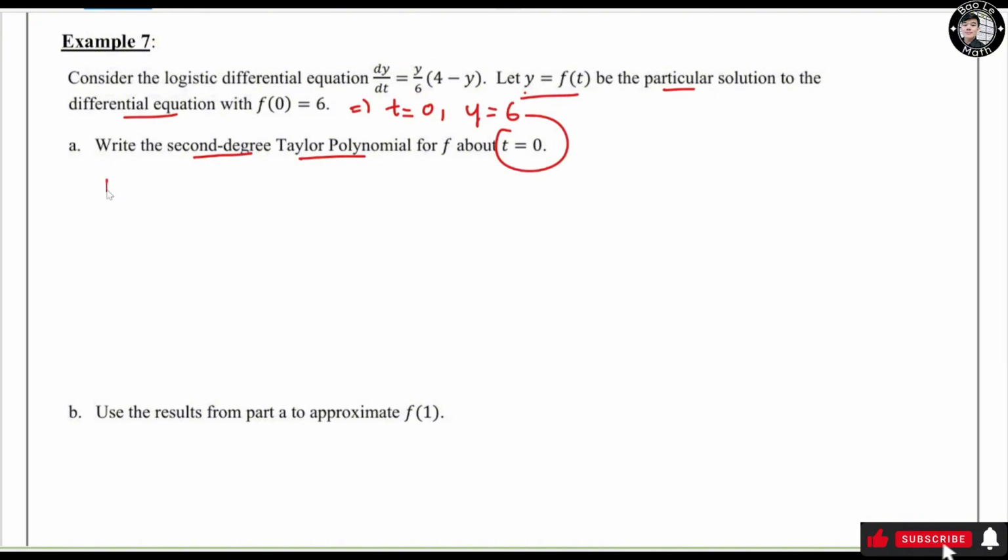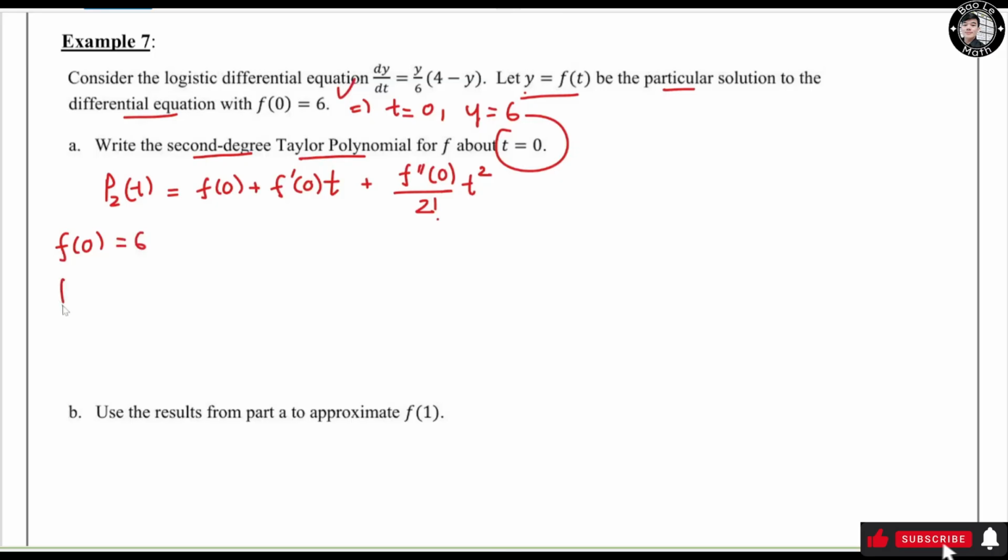So we have the formula p2 of t equals f of 0 plus f prime of 0 times t plus f double prime of 0 over 2 factorial times t squared. Now f of 0 is 6, given right here.